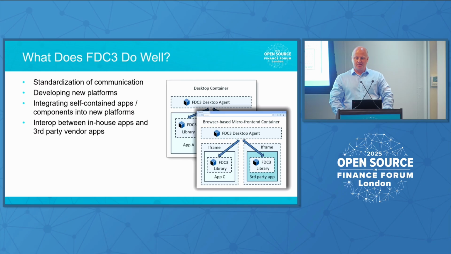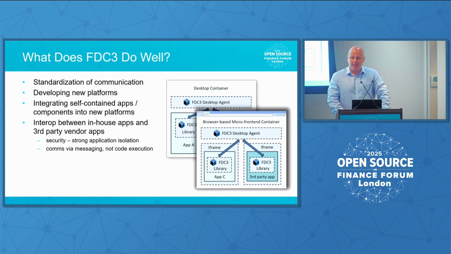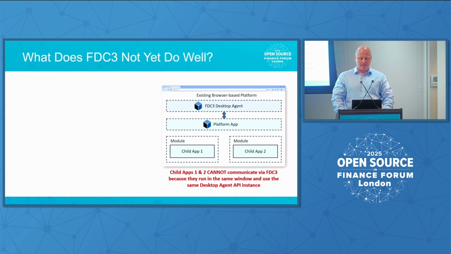It excels at providing interop between in-house applications and third-party vendor applications. It does this by providing strong application isolation by running these applications in separate windows. And it ensures that the communication is via messaging, not via code execution. But there's some things, as Chris said, that FDC3 does not yet do so well.